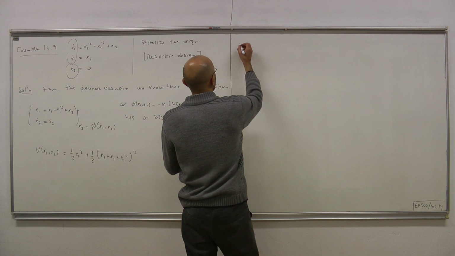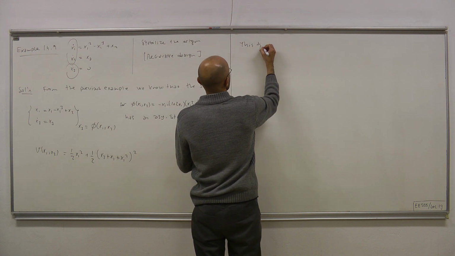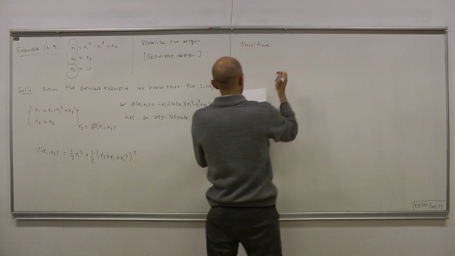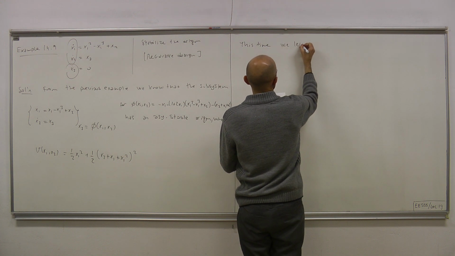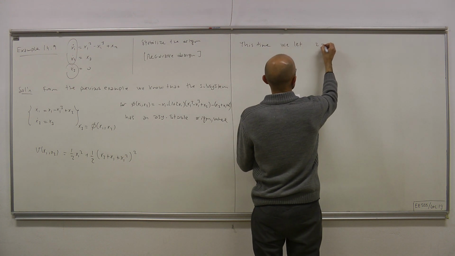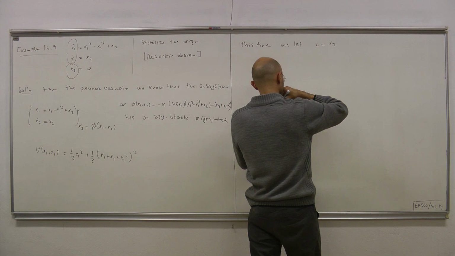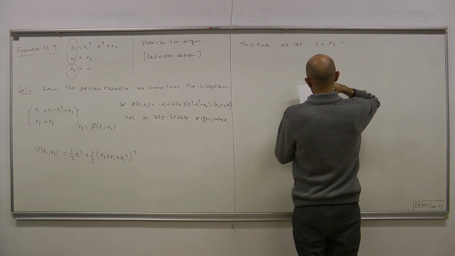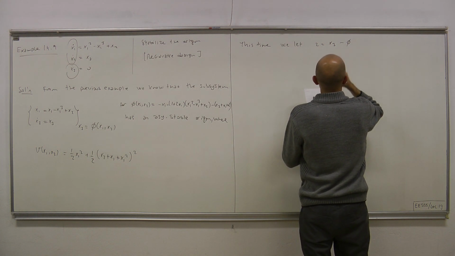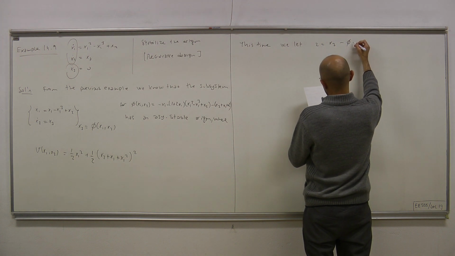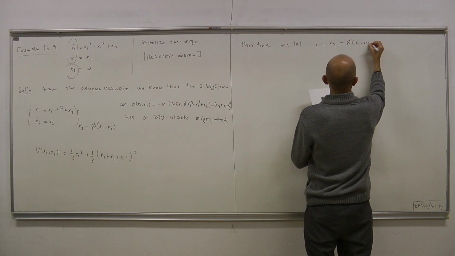So this time we let z be the difference between xi, which is x3, and phi of x1, x2.